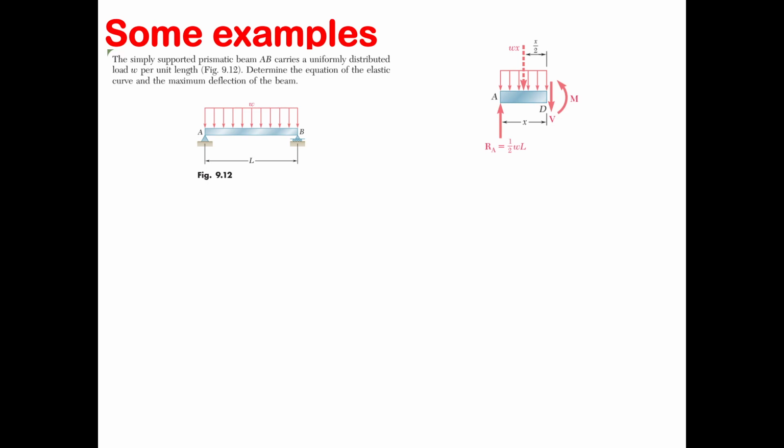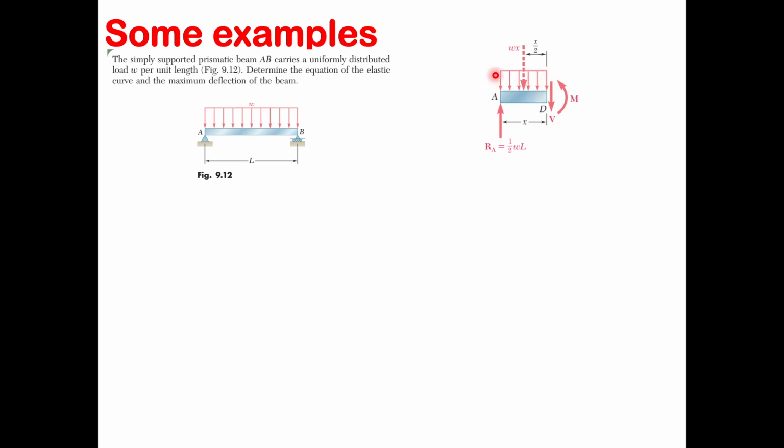We have another example, this time for a distributed load for a different system. So you want to create a section again, but this is a little more complicated. We have the reaction force here, and we want to find the moments at this point, right? What are the forces that are applying moments at this point? We have the moment itself, of course, which is going to be equal to the moment of this distributed load, which will be Wx, right?